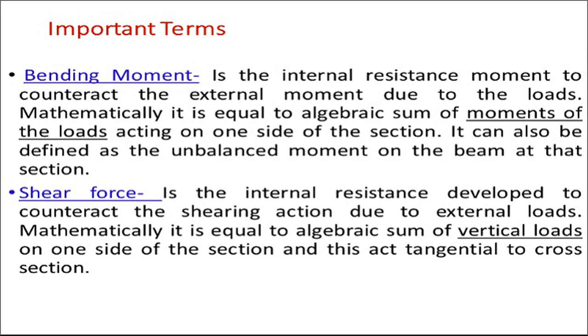That's why it is the algebraic sum of vertical loads, tangential to the section or cross section. Getting? You already studied these terms, but for your information I have taken them again: what bending moment means and what shear force means.